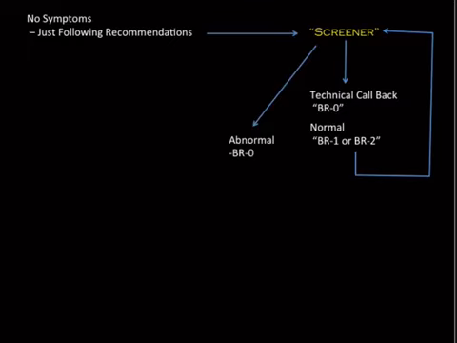The normal will return to screening in a year. An abnormal is going to get a BIRADS 0, and it is then going to enter the diagnostic call pool. And depending on who you talk to, the technical callback will enter the diagnostic call pool also, just because it's considered incomplete. This is sort of semantics.